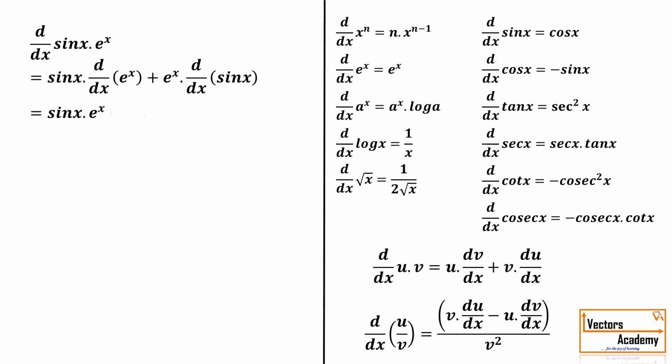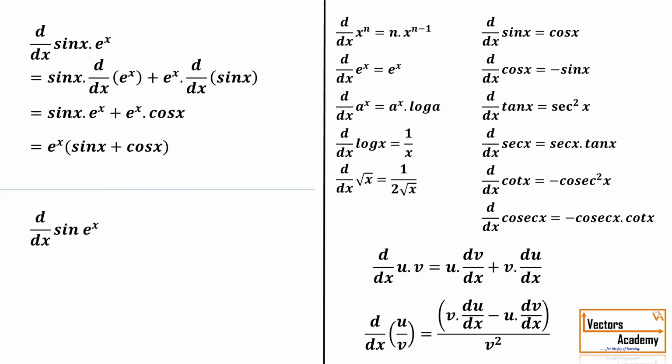Now, what is the derivative of e raised to x? It is e raised to x. Plus e raised to x as it is, the derivative of sine x is cos x. And if we want, we can take e raised to x common and this will be our final answer. This is how we apply the UV rule in differentiation.